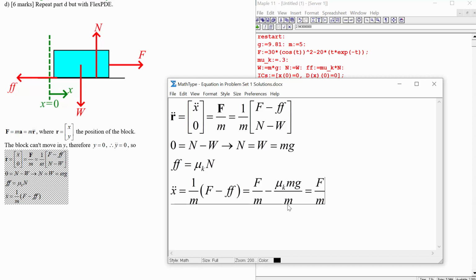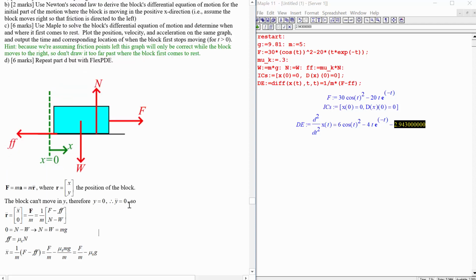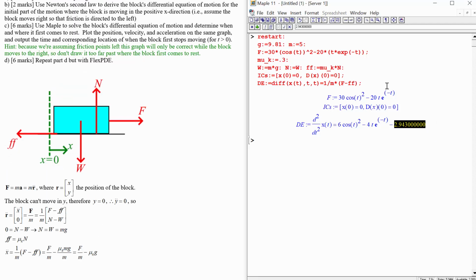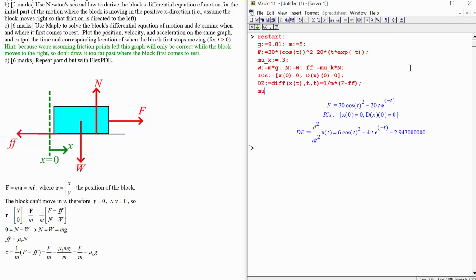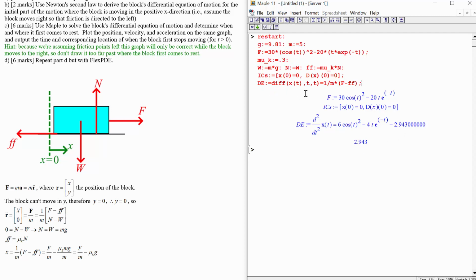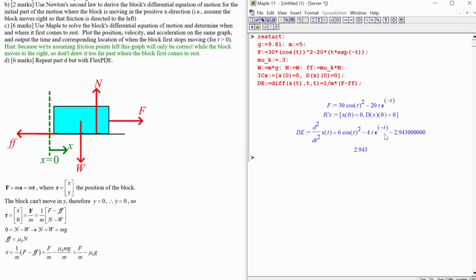So F over m minus mu k g. You could have simplified this and then substituted in at this step, but we would get the same answer. Mu k times g is going to be that same value that we have there at the end. Okay. So now that the differential equation is typed out in this format, we can solve it using dsolve.